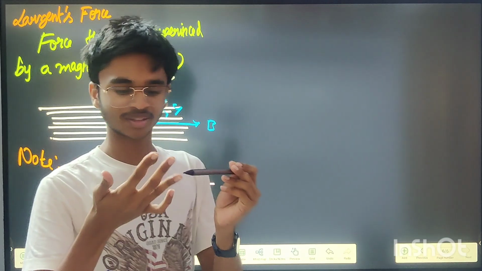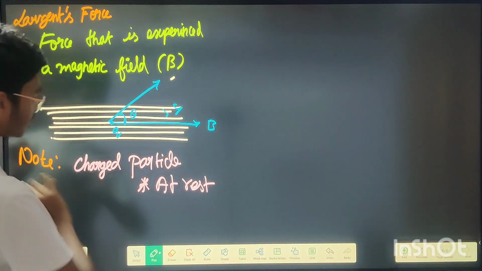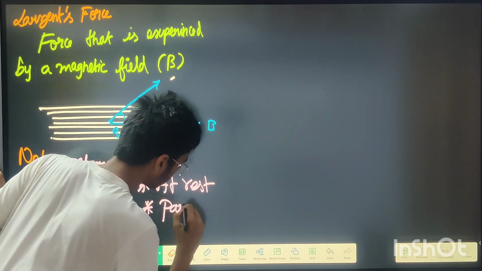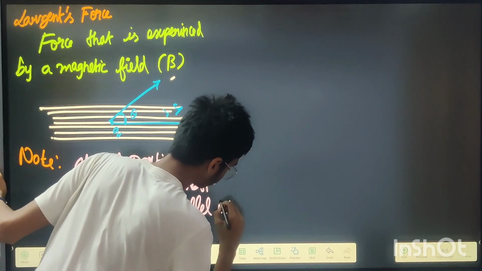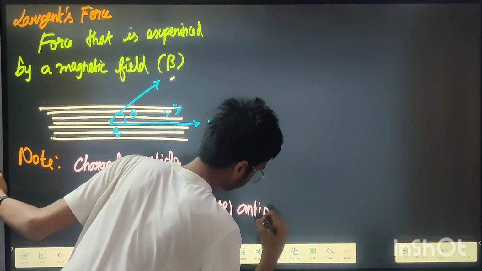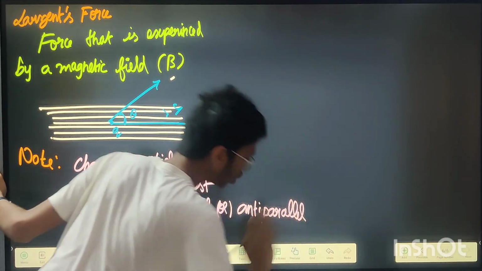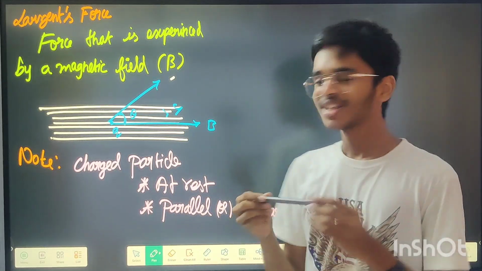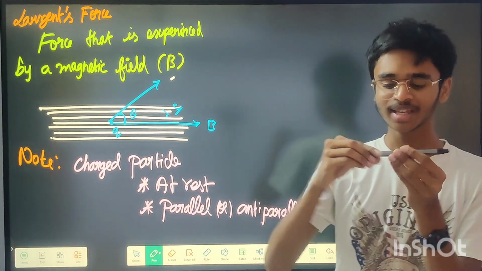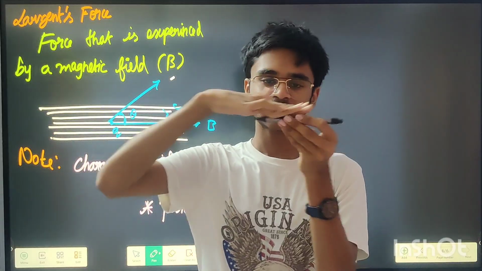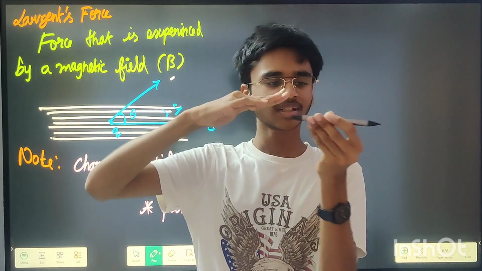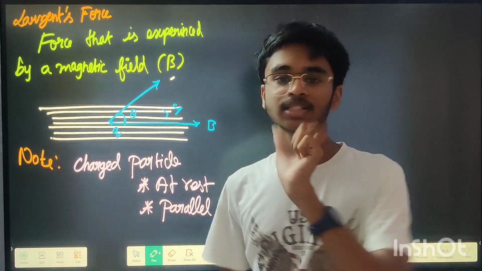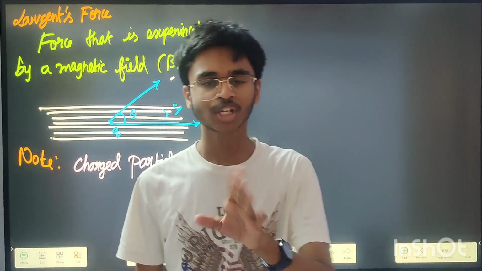Nothing will be acting over it. Then when the charged particle is moving parallel or anti-parallel to the field, also nothing will be happening. One and only if there is some theta degrees, then some sort of change will be happening.